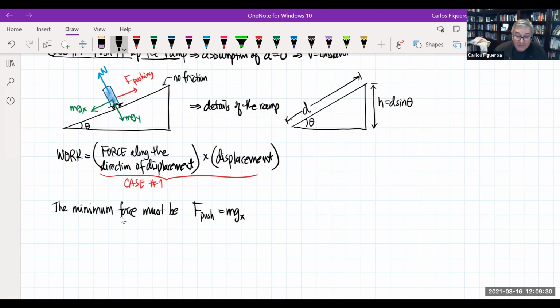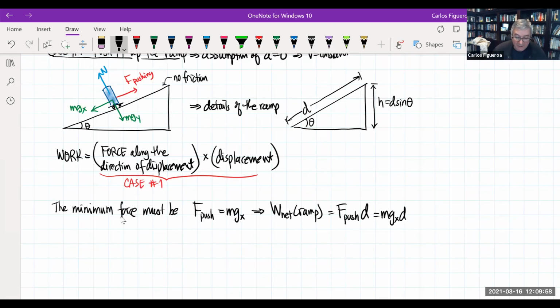So that means the net work done going up the ramp, case number one, must be the pushing force times the displacement. But wait a minute, that must be mgx, times the displacement.